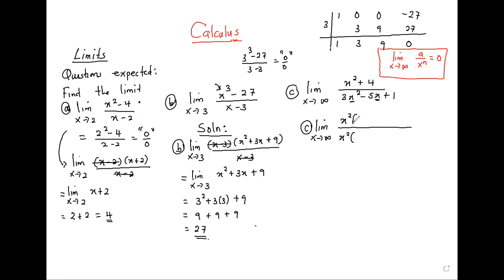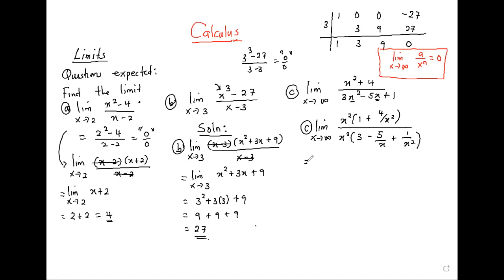So in the denominator, when you factorize, you are dividing every other piece. So it will be 3x squared divided by x squared, you get 3. 5x divided by x squared, you get 5 over x, plus 1 over x squared. The numerator will be 1 plus 4 over x squared.